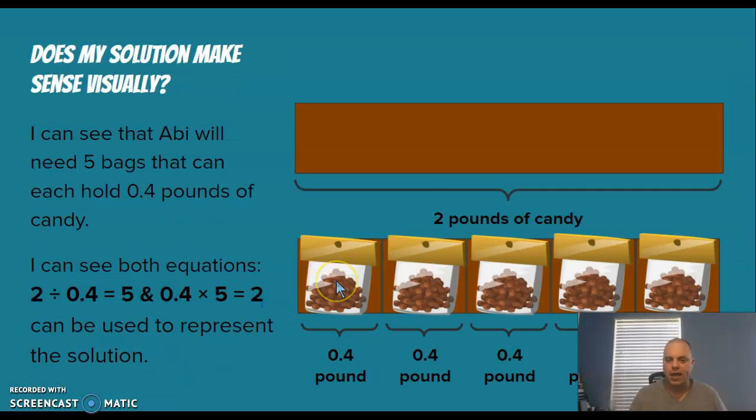Well, here's bag number 1, and bag number 2, and bag number 3, and bag number 4, and bag number 5. So 2 divided by 4/10 equals 5, and 4/10 times 5 equals 2 represent the same solution. One is the reciprocal of the other.